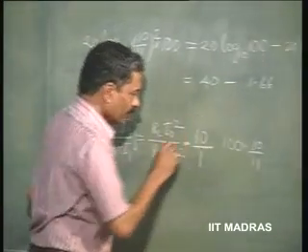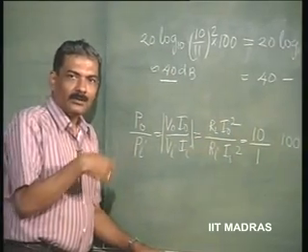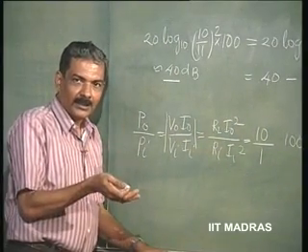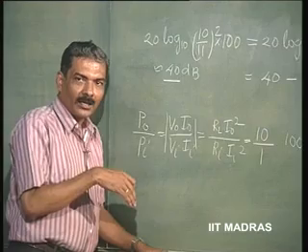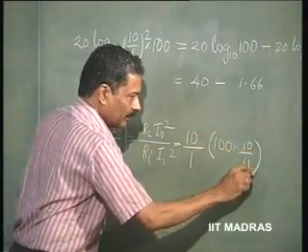So, I naught over I I is nothing but the actual short circuit current gain is 100, then it gets divided between R naught and R L. So, that factor of 10 by 11, this squared.